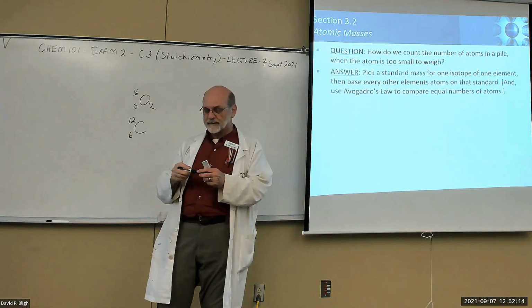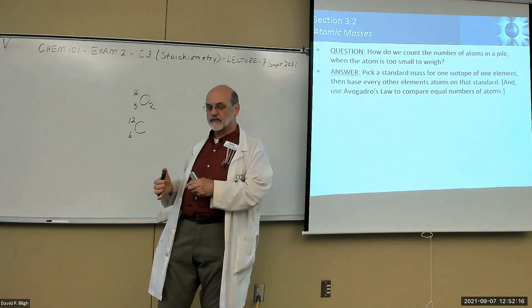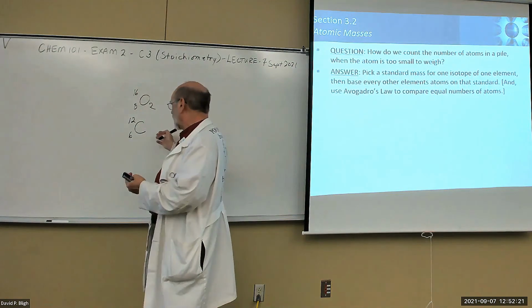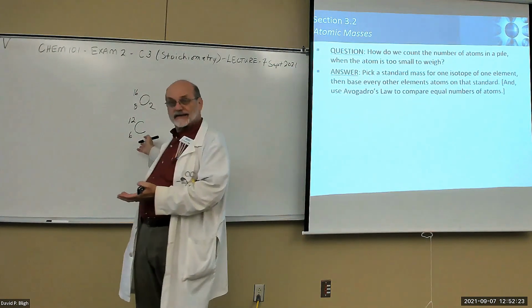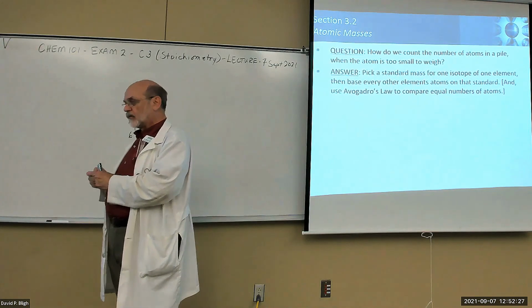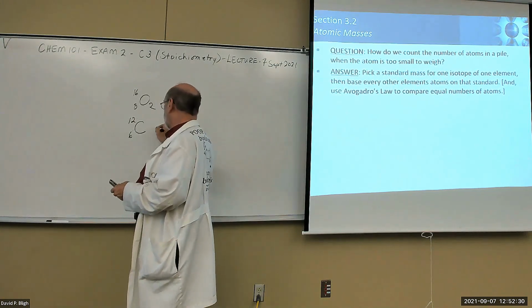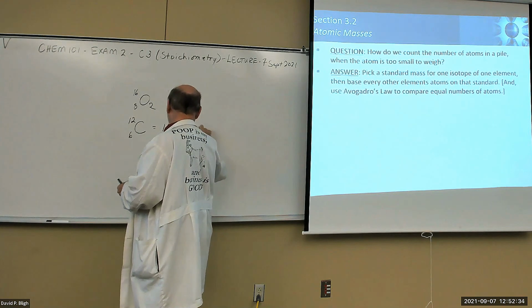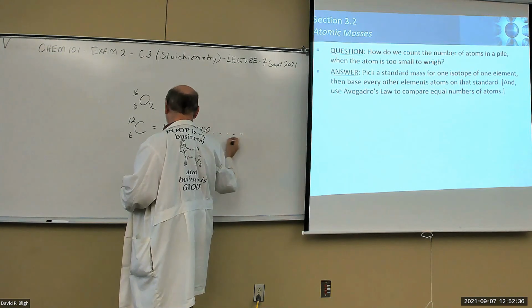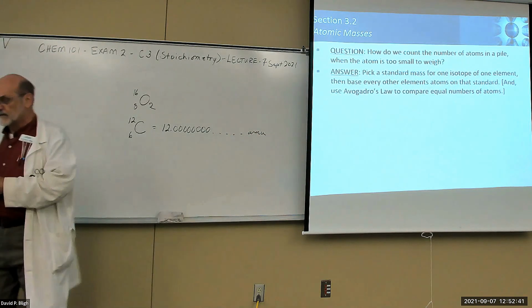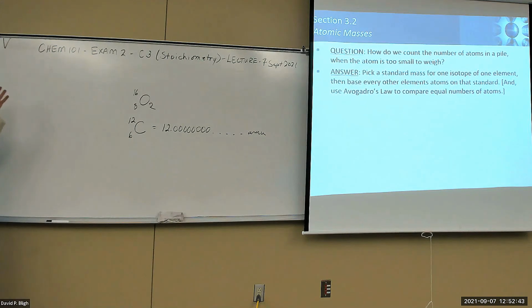The carbon-12 isotope, which is the most common isotope of carbon, shouldn't be difficult to purify. And in its pure form, it's a solid. Okay, so we settle on carbon. And what we're saying is this isotope of carbon is given that value, 12, as many decimals as you want, atomic mass units.